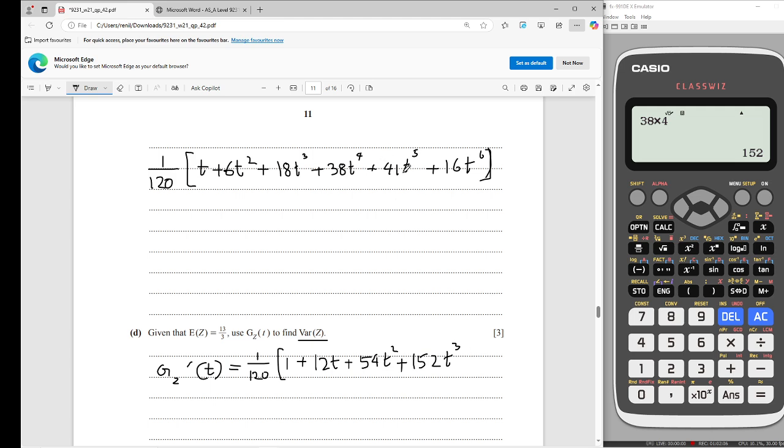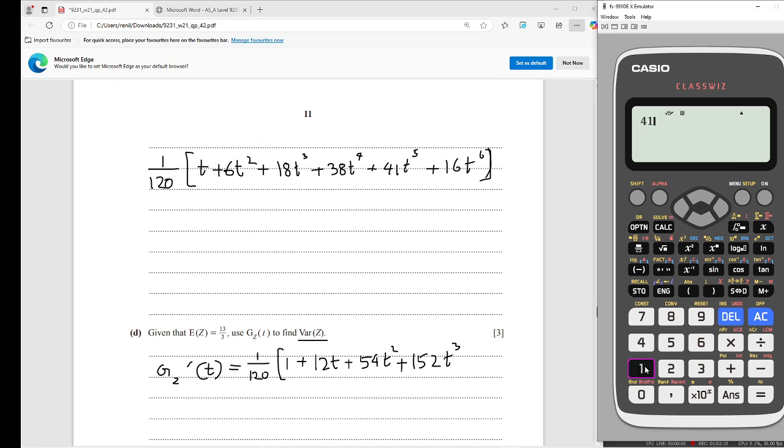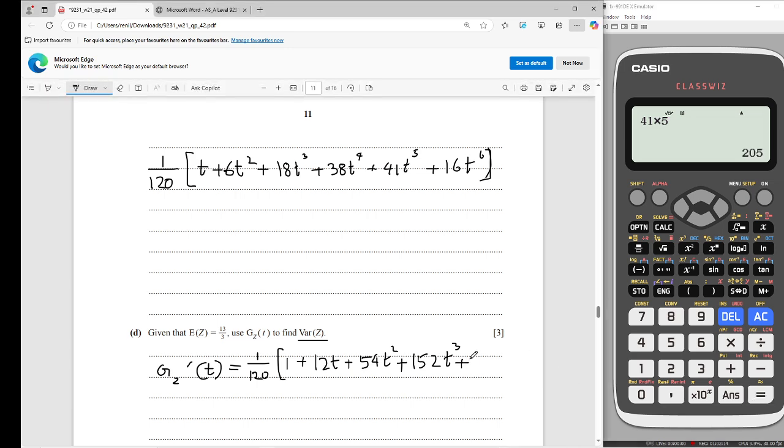Then we have 41 times 5, which is going to be 205, but let's just make sure it is right. Yeah, 205, so it's going to be 205t to the power 4. Let's just see if everything's right.